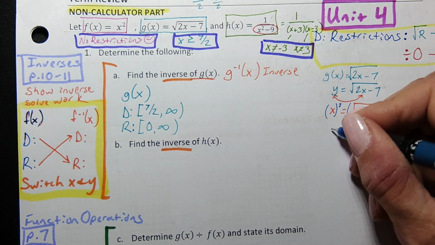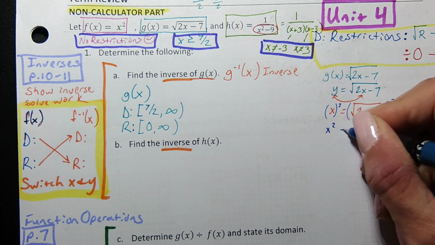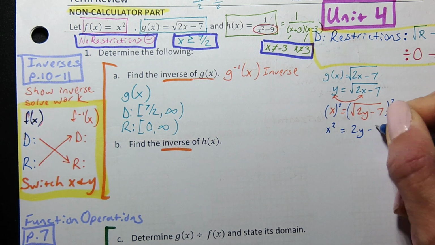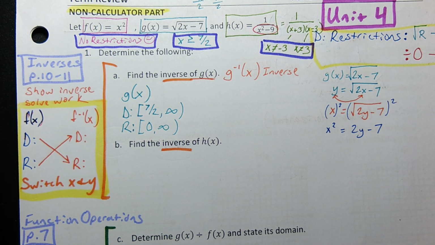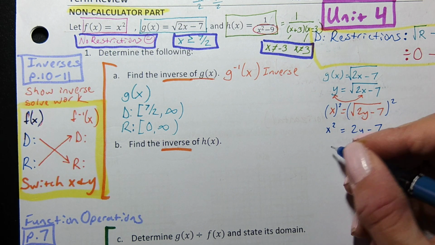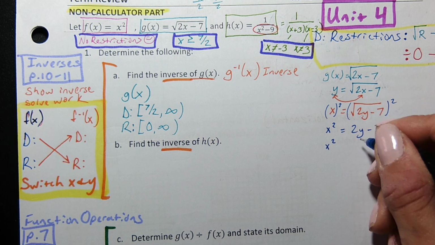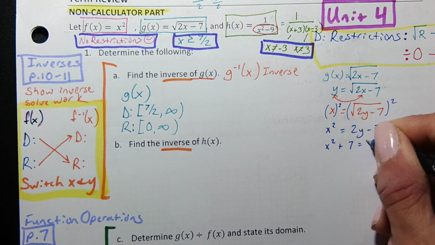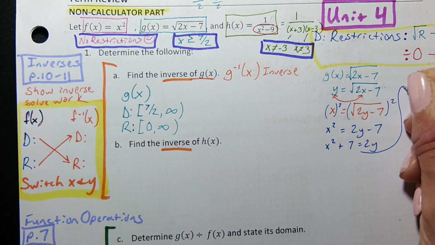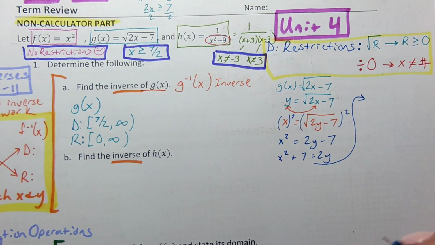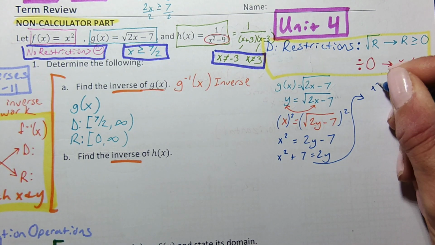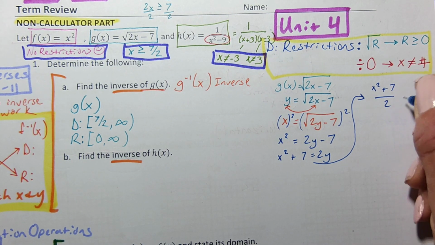So then x squared equals 2y minus 7. We're going to add the 7 to move it over to the other side. And then we're going to divide by 2. So x squared plus 7 over 2 equals y.